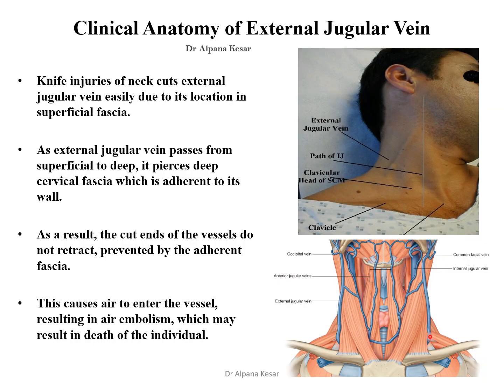As a result, when the external jugular vein is cut in this location, the cut ends of the vessels do not retract, which is prevented by the adherent deep cervical fascia. This causes the air to enter the blood vessel, resulting in air embolism, which may result in the death of an individual.